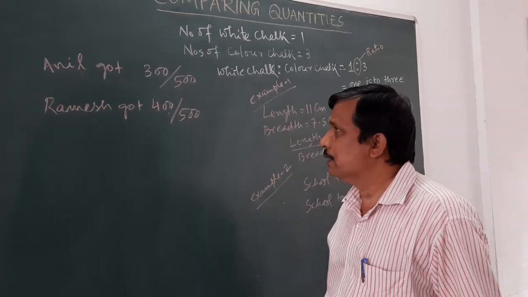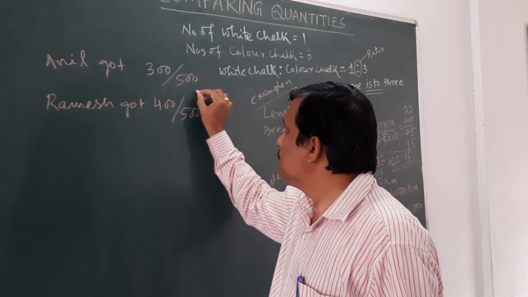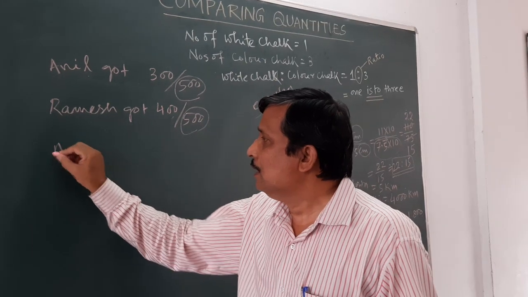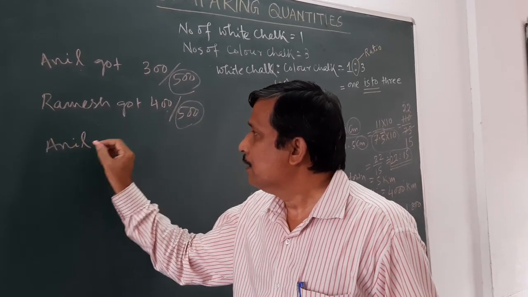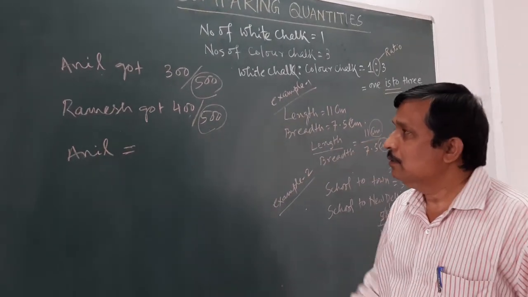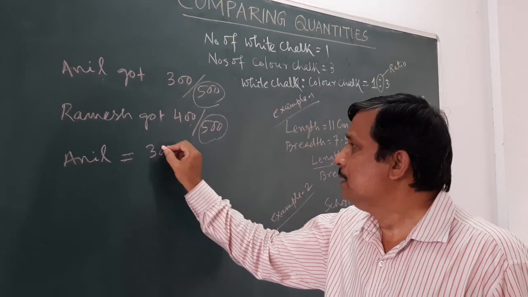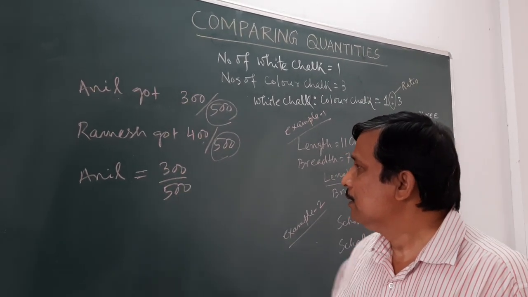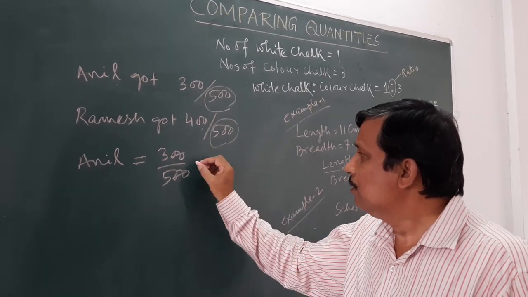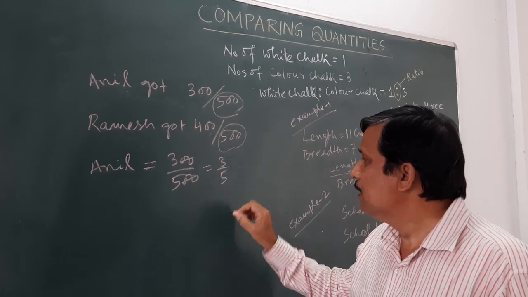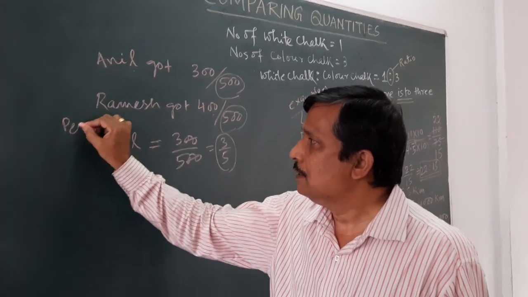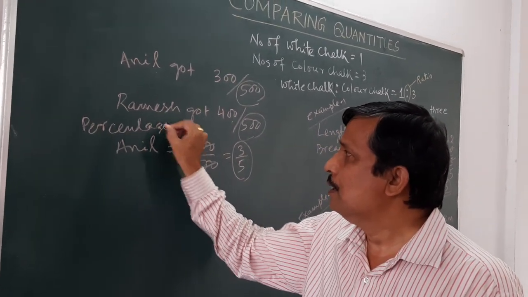So how to calculate? You see here this value is the same. Suppose Anil's marks you want to convert into percentage. So when you divide 300 by 500, you get 3 by 5, and now this value 3 by 5 you want to convert into percentage.